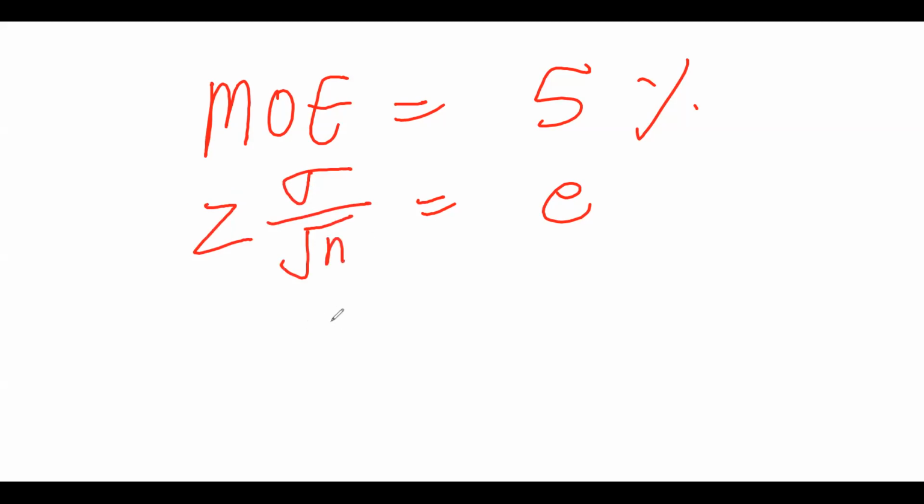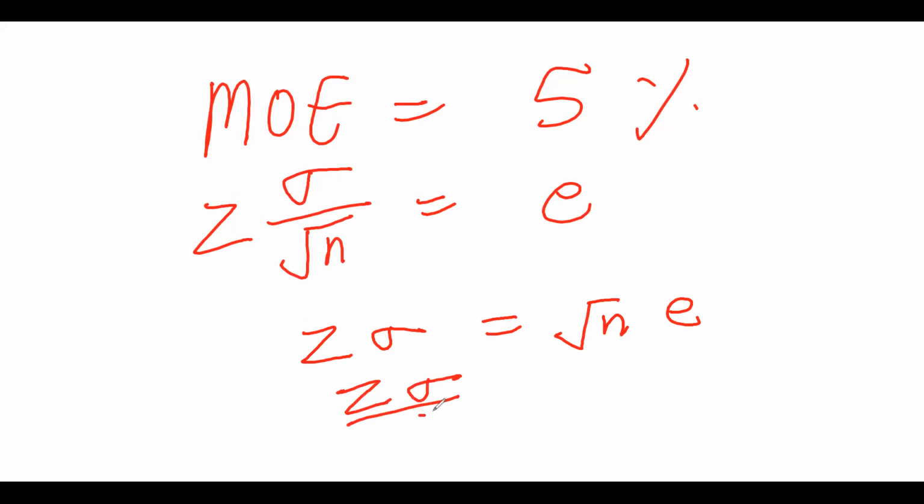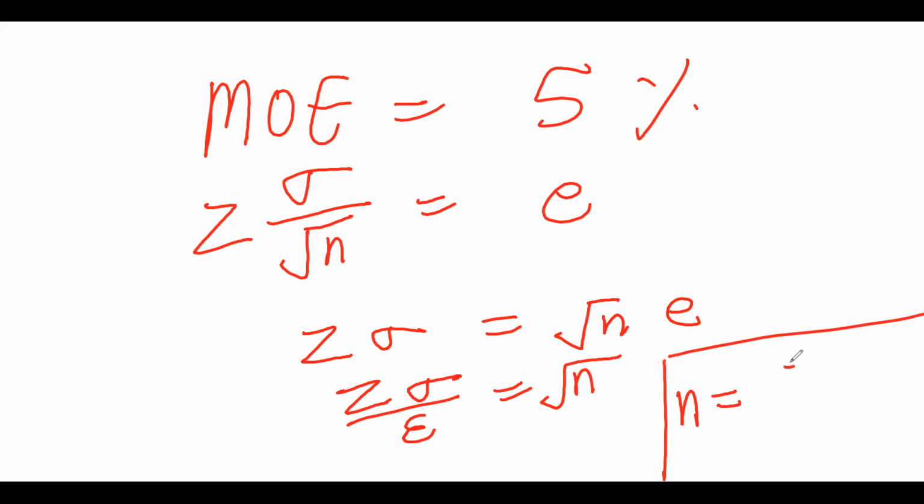So I can write here Z multiplied by sigma is equal to root n multiplied by E, and I can also write that Z sigma upon E is equal to root n. So now from here I derive the formula that n is equal to Z square sigma square upon E square.